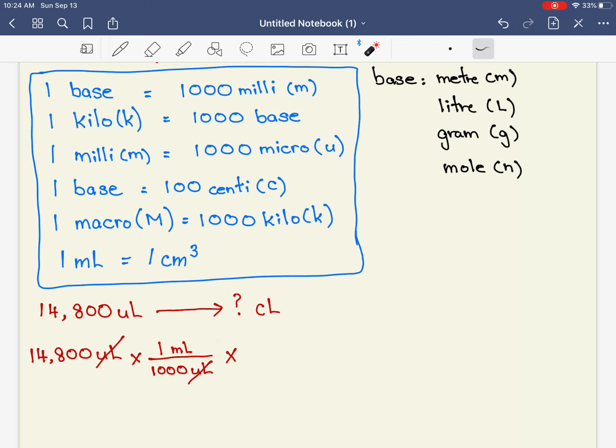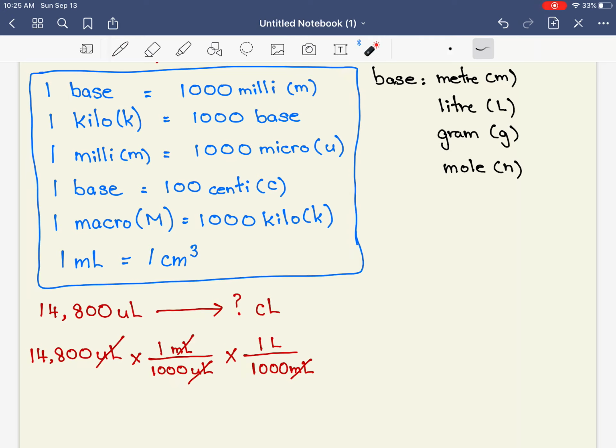Can I change milliliter to centiliter? Again, I don't have a direct relationship here, but I do have a relationship where I can turn milliliter into a base by using this. So I'm going to do that, okay? Because I know for every liter is 1,000 milliliter. So milliliters can cancel. Well, I'm not done yet.